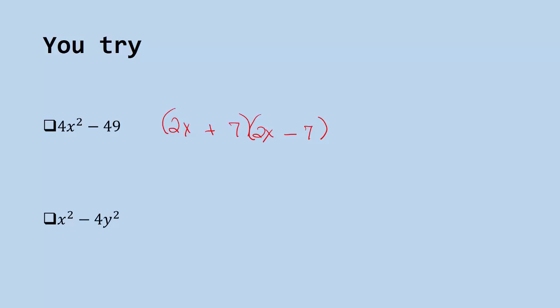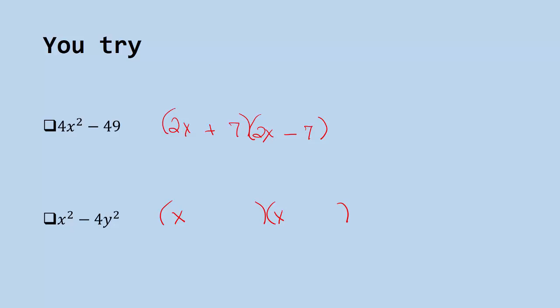Now let's try the second one. This one, I've got variables on both ends. x squared minus 4y squared. So the x squared, similar to what we've been doing before, is simply x times x. That's an easy pattern that we will do over and over again. Now the second term, 4 is a perfect square, but so is y squared.